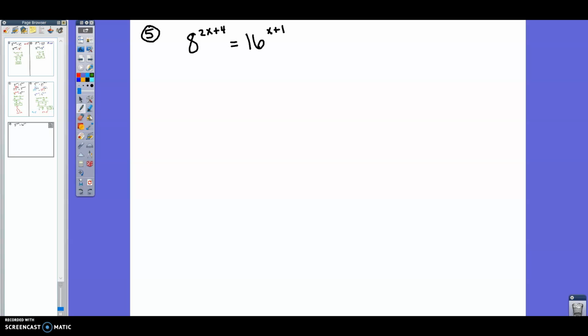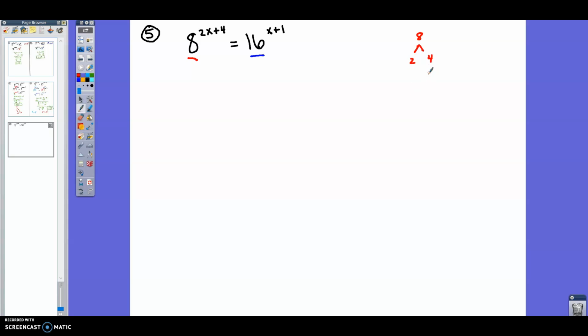So here we want to change both of our bases. So if you don't know what the base is that we're going to try to change these both to, base 2, that's okay. You can always use the factor tree to help you determine that. So if I took 8 and I broke that down, that'd be 2 times 4.